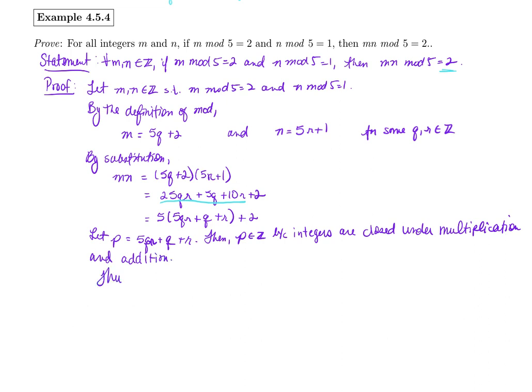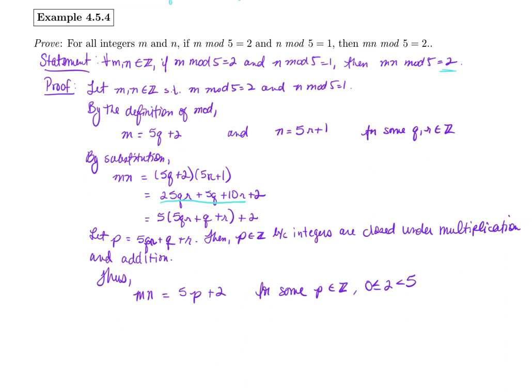Thus, when we keep going with our simplification, we have that mn is now equal to 5p plus 2 for some integer p. And we also know that 2 is between, hopefully you got this, 0 and 5.